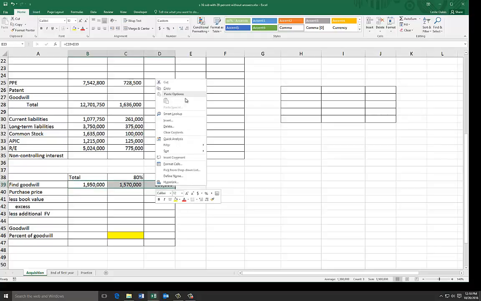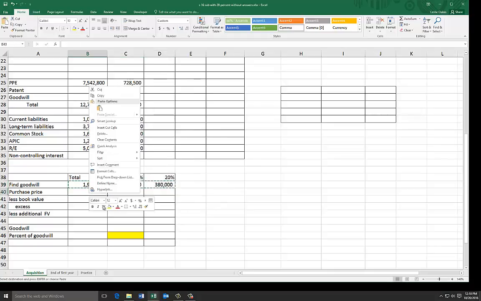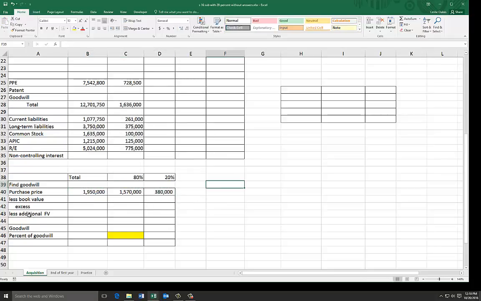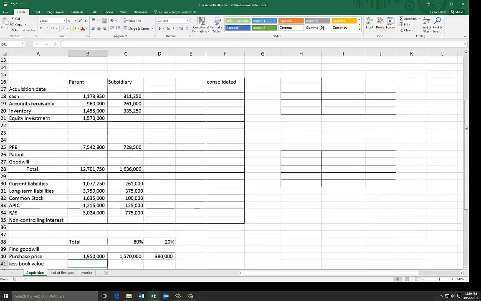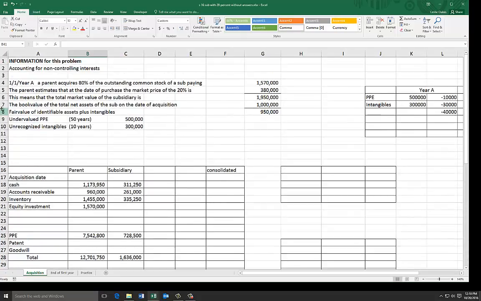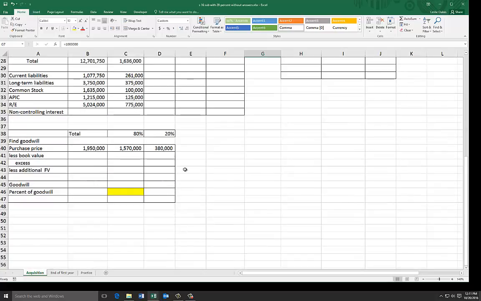Let me slide that down. There we go. The book value the problem gives us for the entire company is $1 million.